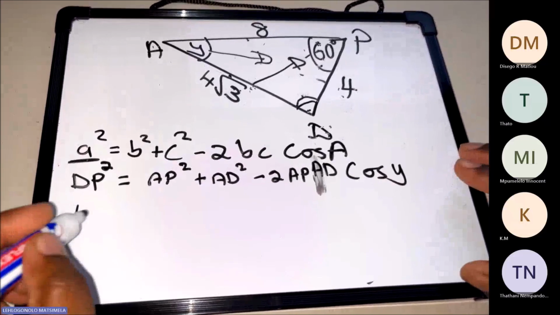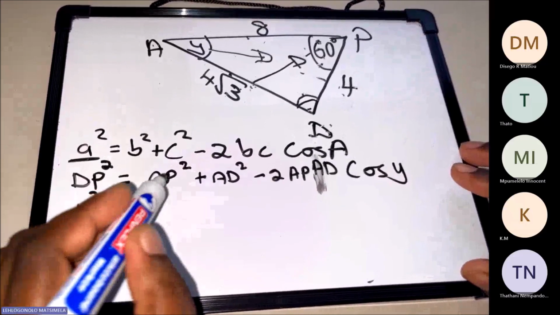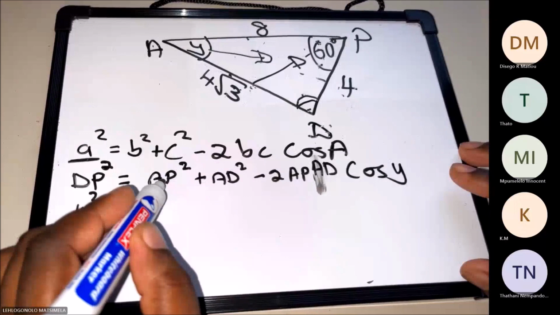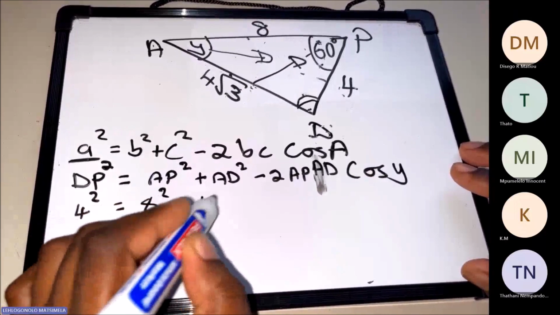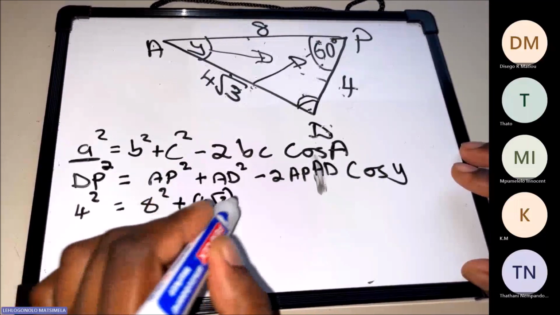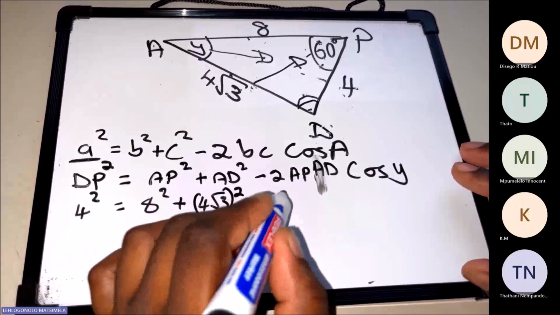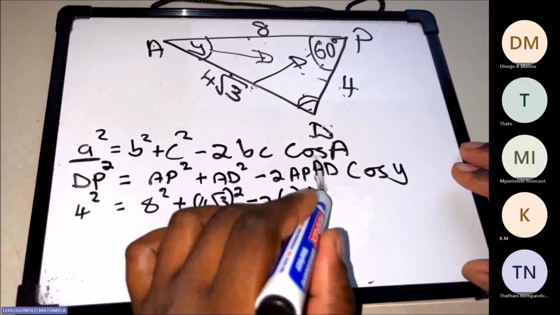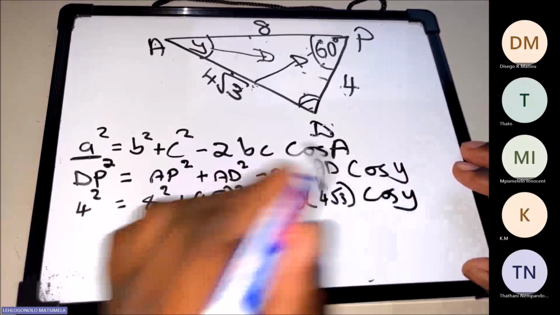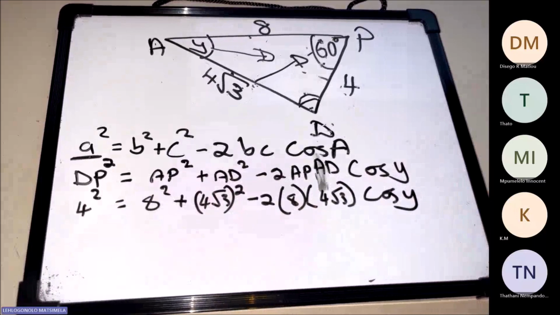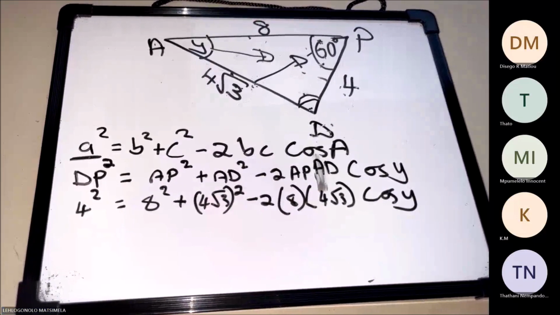Substitute. We will have 4 squared is equal to AP, which is 8, squared, plus AD, 4√3, in brackets squared, minus 2 times AP, 8, times AD, 4√3, cos Y. Let's look at our smart calculators, if we have calculators that you just do mathematically.